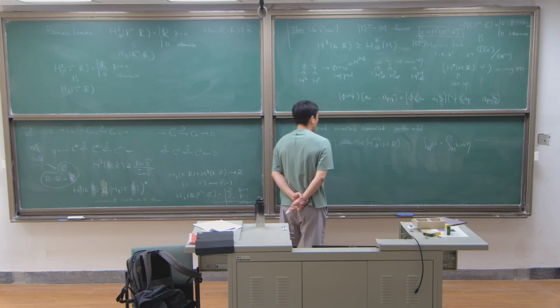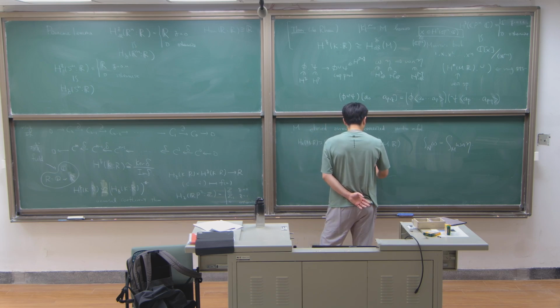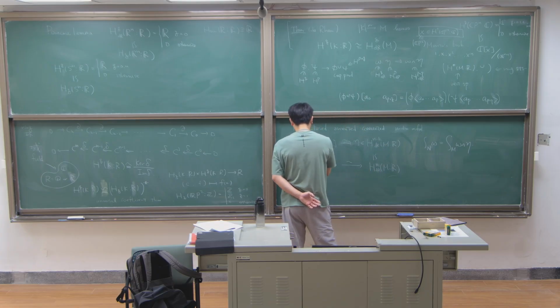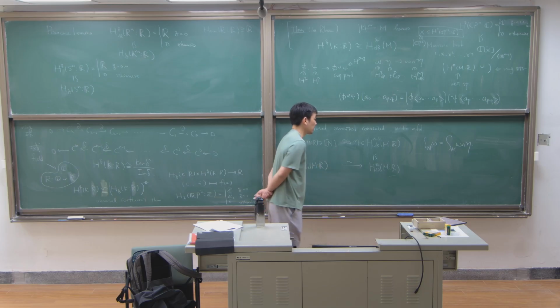So we already saw the de Rham cohomology. Here, using Hodge theory, this is also for degree k de Rham cohomology. Therefore, this is an isomorphism between H^k and H^{n-k}.